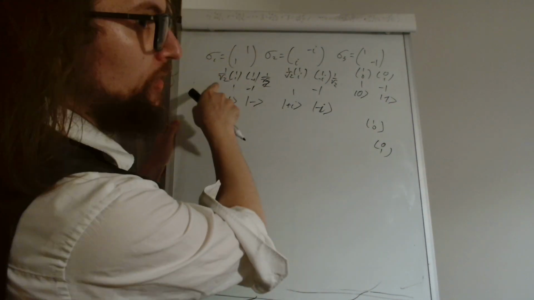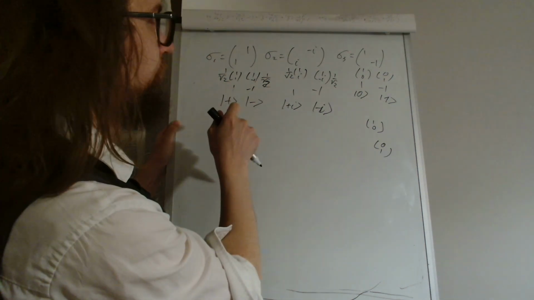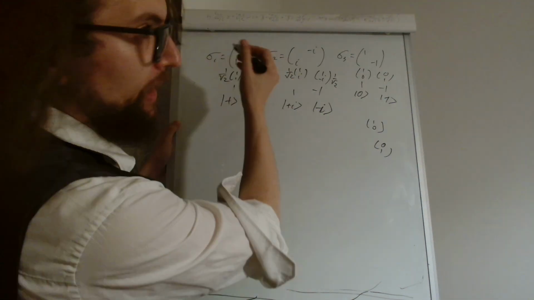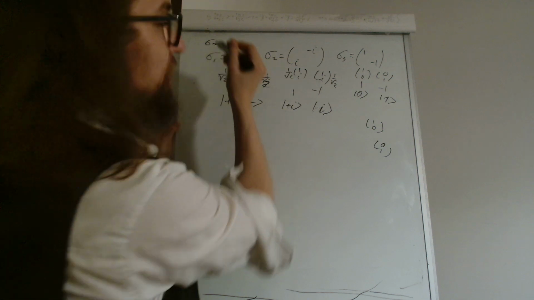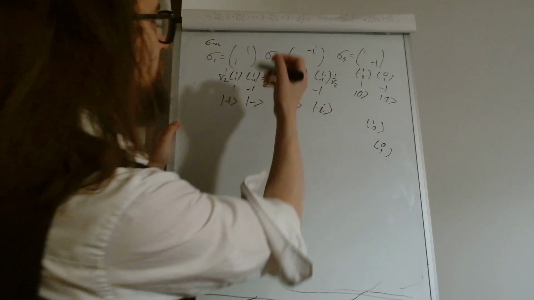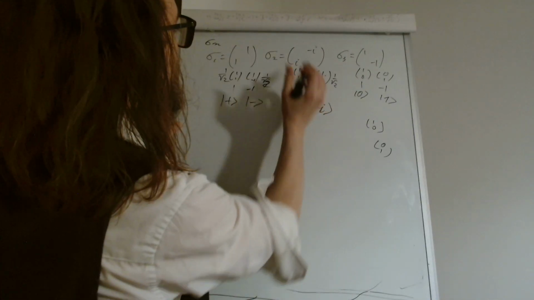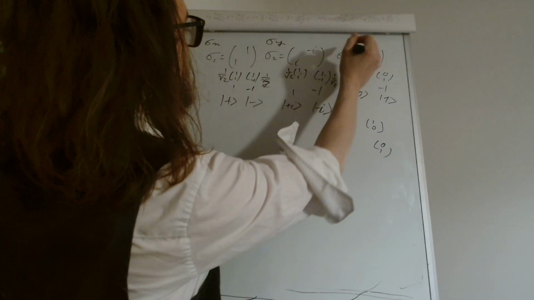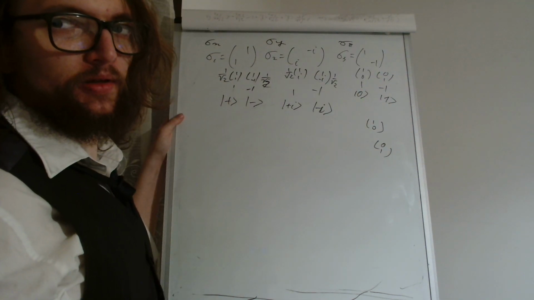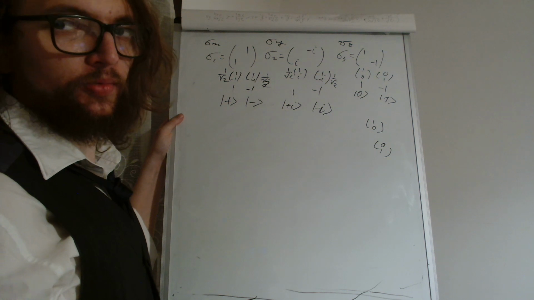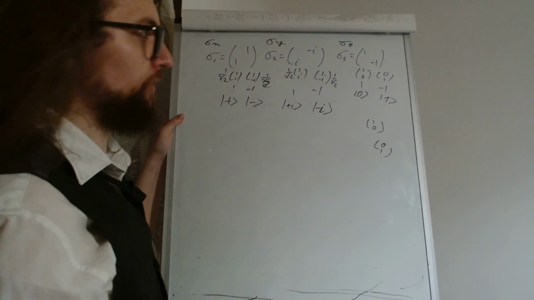Sigma 2, which we can call sigma x, gives the measurement in the x direction, and sigma 1, sigma 2 in the y direction. The eigenvalues of these matrices represent the possible outcomes of the measurement of the spin.